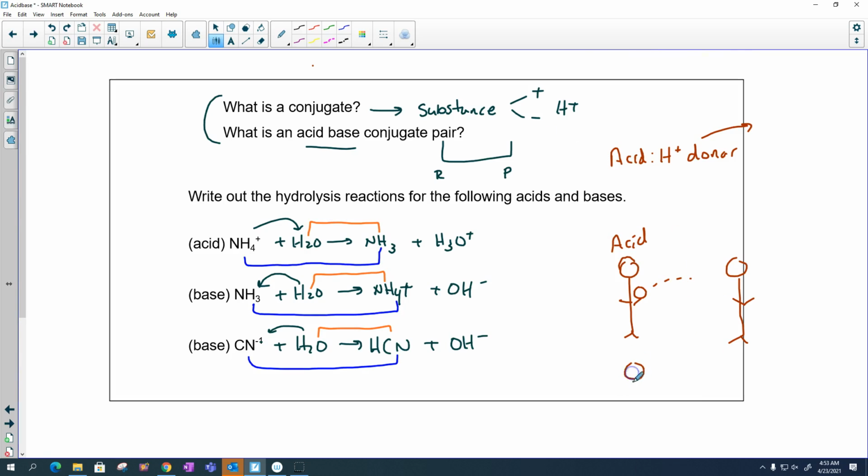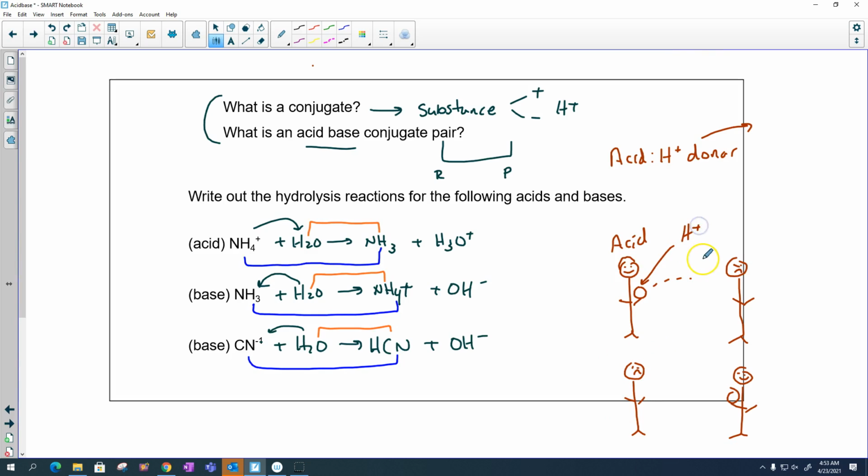This is the after picture. Remember, a chemical reaction is just a before snapshot and an after snapshot. Am I still an acid? The answer is no, because I don't have a ball to give away. The ball is the H plus ion.